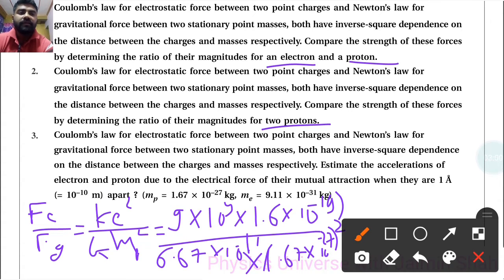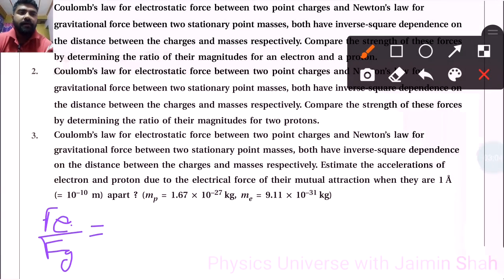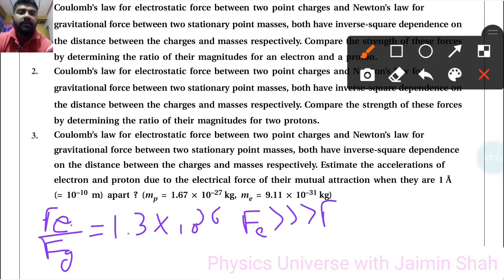Here also there is a square. By calculating we will get 1.3 into 10 raised to 36. So that is Fe much greater than Fg, again for two protons.